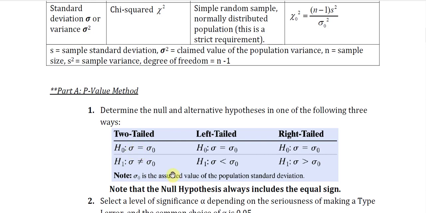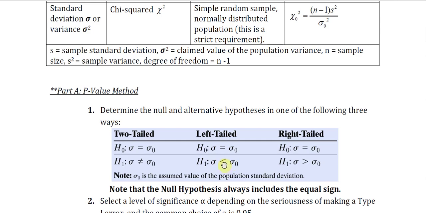Sigma naught is the assumed value of the population standard deviation. For the two-tail test, the alternative hypothesis is that sigma is not equal to sigma naught. For the left tail, sigma is less than sigma naught, and for the right tail, sigma is bigger than sigma naught.